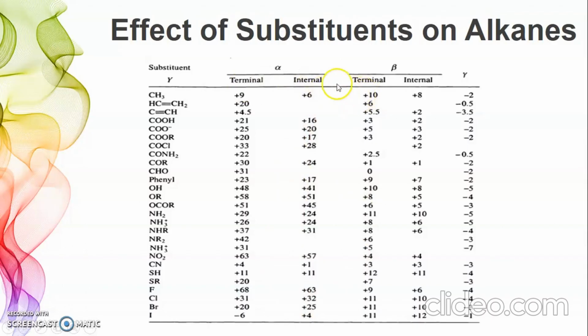For beta, terminal to internal, most of the compounds get lesser positive values. In the internal position of beta, we get lesser delta values. Then for gamma, we get a negative value. That's why we talked about the shielding effect.